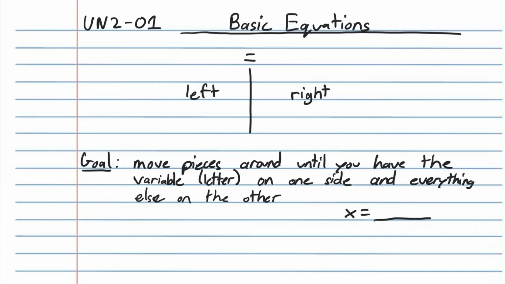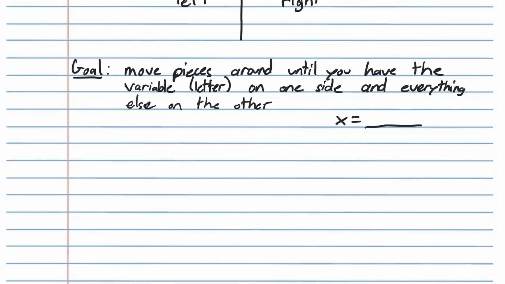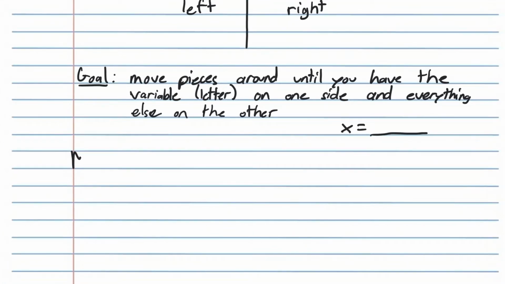And the way we move things around is what's called inverses. So I'm going to scroll up a little bit. Okay? So the way we move things around is we do what's called inverse operations. And inverse is just a fancy way of saying opposite. Okay?